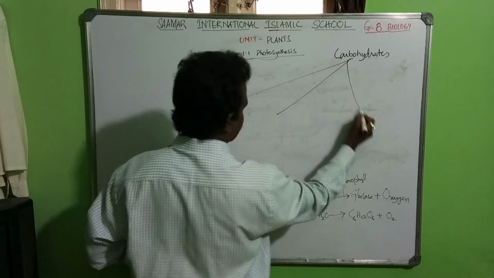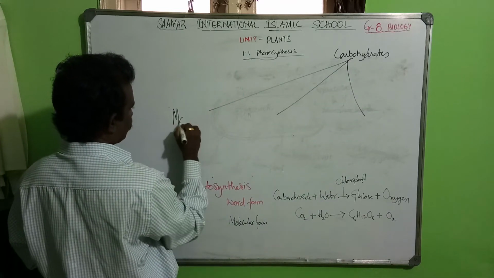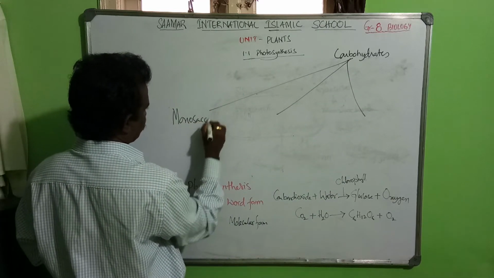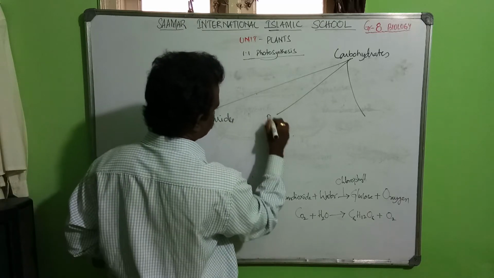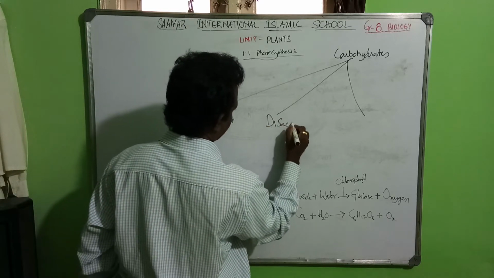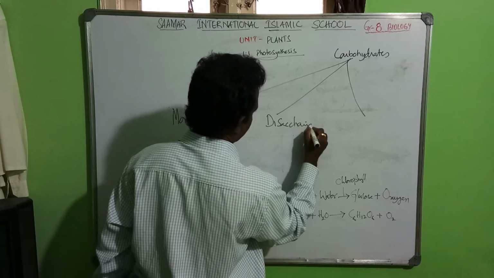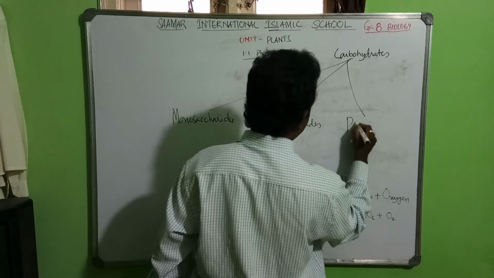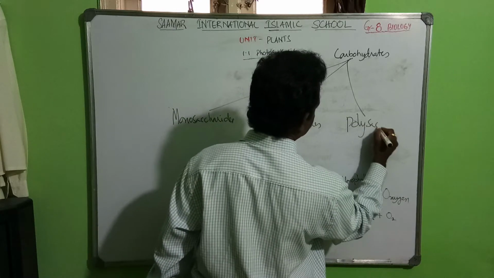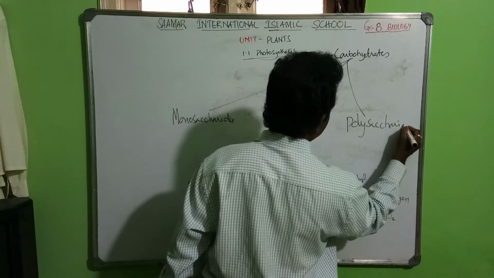What are they? Monosaccharide, disaccharide, and polysaccharides. Is it clear?